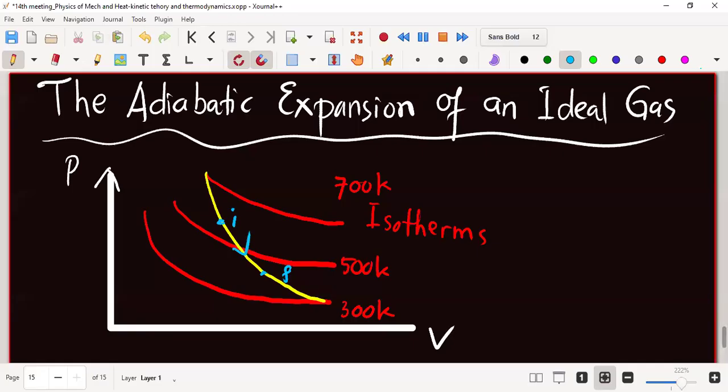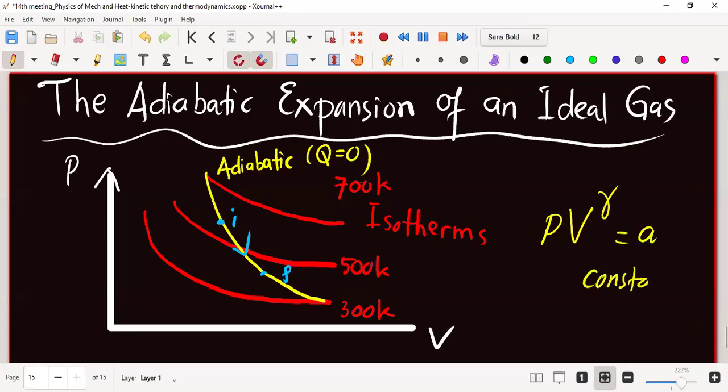It means expansion, because the volume increases; the final volume is larger than the initial volume. So for adiabatic, here in yellow, in the adiabatic condition there is no heat, or Q is zero. And we can write that P V to the power gamma is a constant. Okay, this one is for the adiabatic condition.